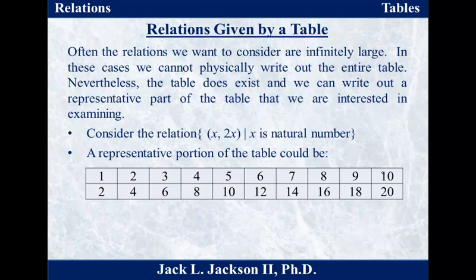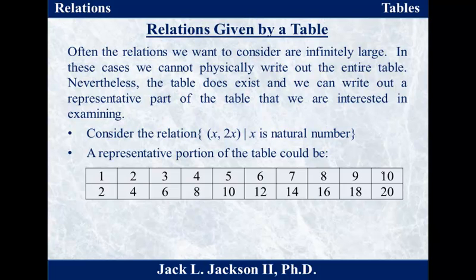So consider a relation of the form (x, 2x), where x is a natural number. So we can represent a portion of this table starting at the beginning with the lowest x of 1 for the input. And notice the domain is all natural numbers. So the domain is 1, 2, 3, 4, 5, 6, 7, 8, 9, 10, and so forth, and it goes on forever, all natural numbers.